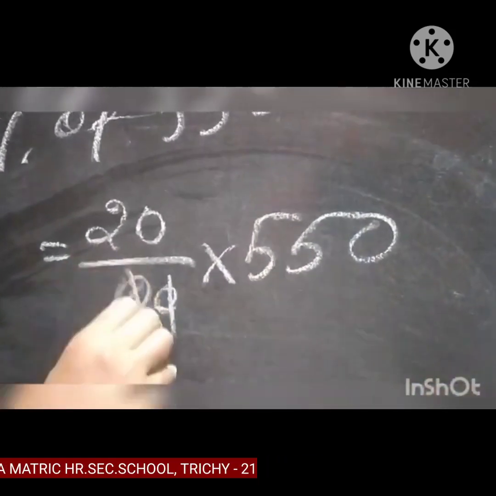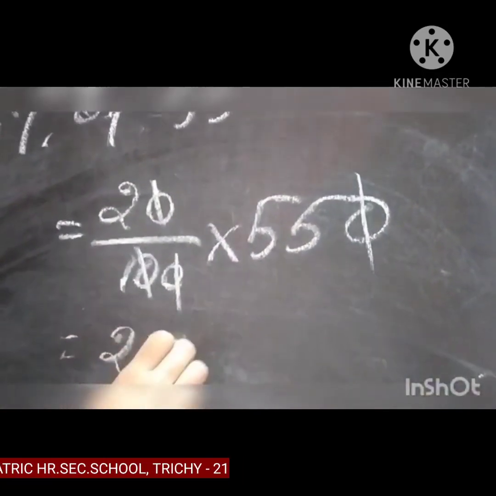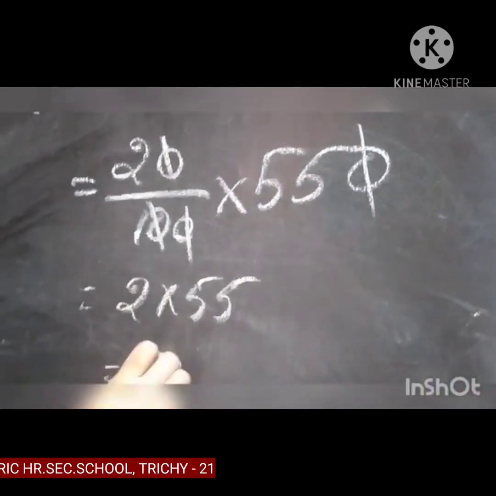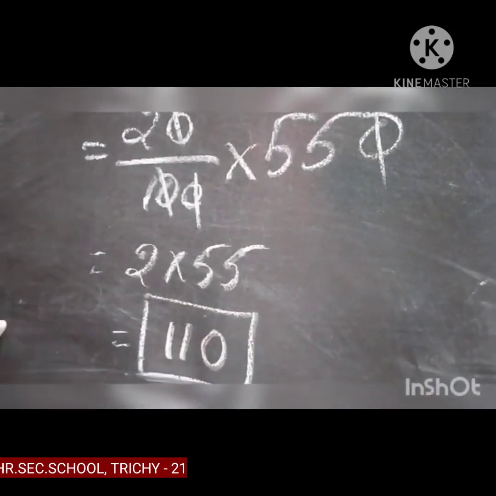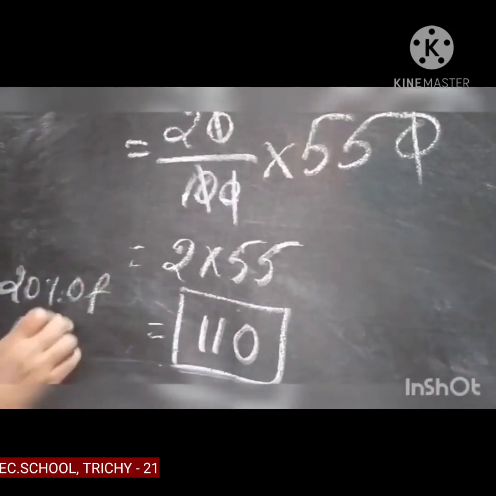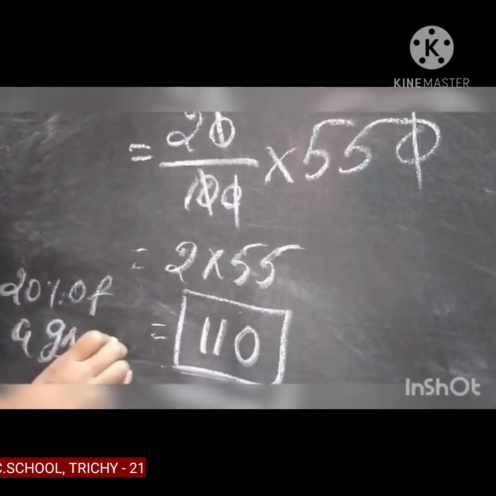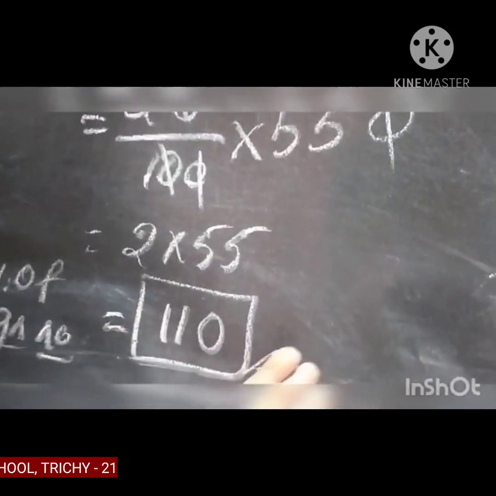Cancel the two zeros: 2 into 55. That is the answer, 110. This is the 20% of the given number. The given number equal to 110. This is the final answer.